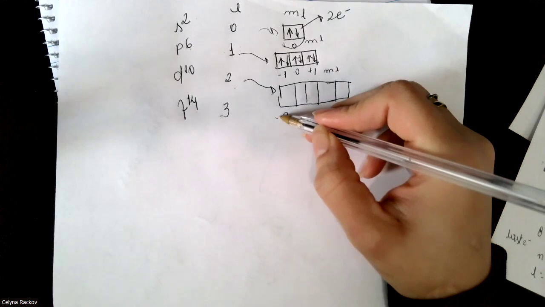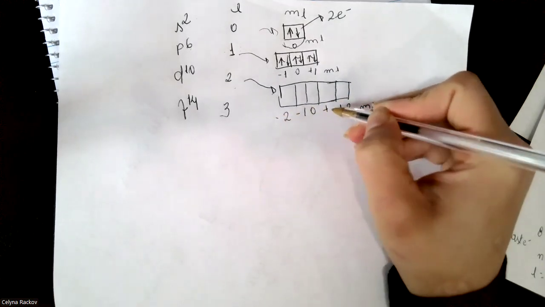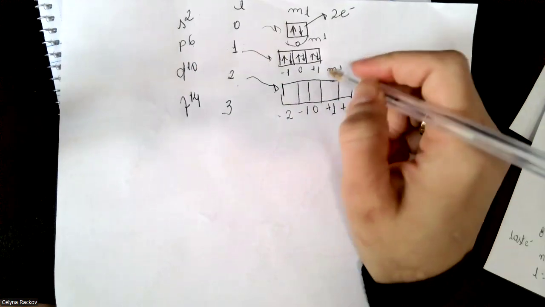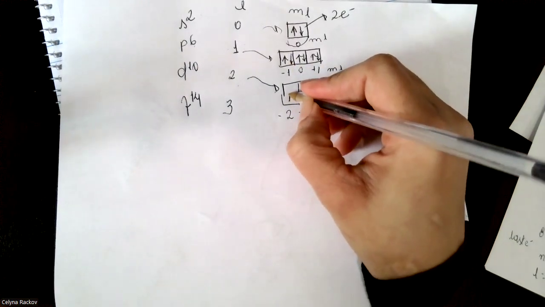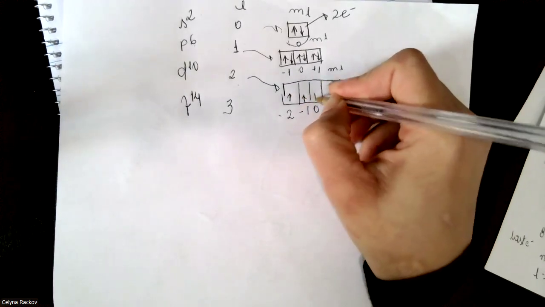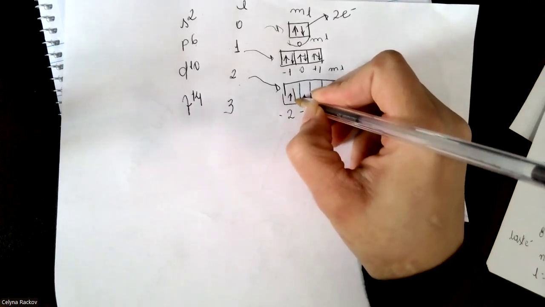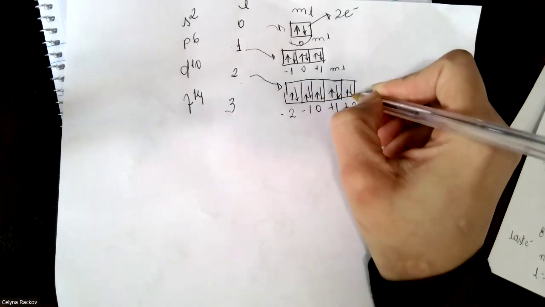So the orbitals -2, -1, 0, +1, and +2. So how are the 10 electrons going to be distributed here? First, you draw all arrows up. 1, 2, 3, 4, 5, and then 6, 7, 8, 9, 10.